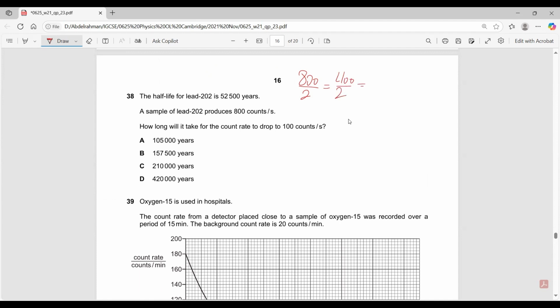Once, twice, and thrice. So you have 3 half-lives. Each half-life is 52,500 years, so all you need to do is 52,500 times 3, which is 157,500 years.